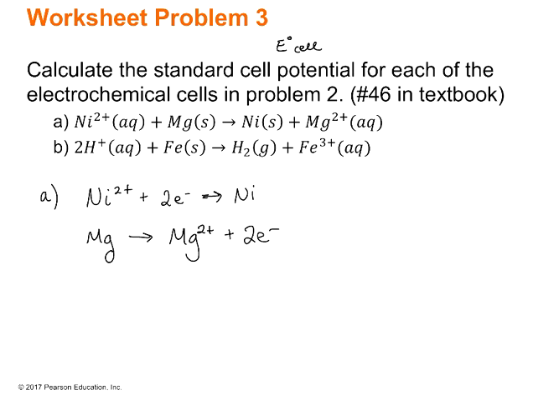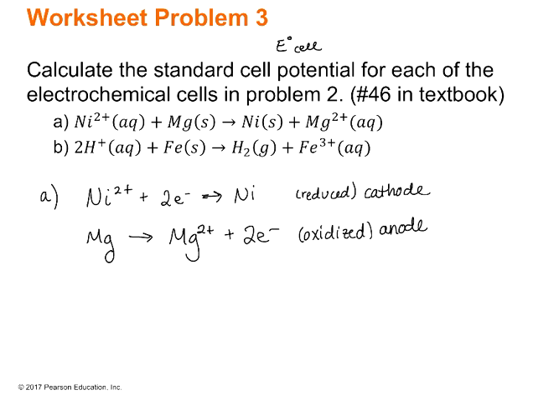All right, so we already said nickel was reduced, which means it was the cathode. And then we said magnesium was being oxidized, which means it was the anode.